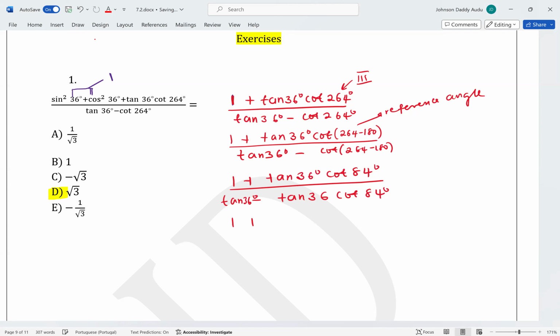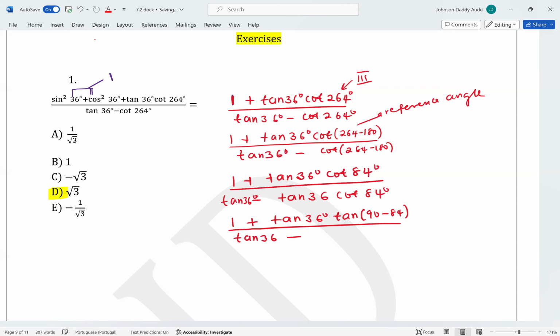So this will be 1 plus tan 36, and this cotan can be written as tan of 90 minus 84. So here you can see we are now using the cofunction identity.